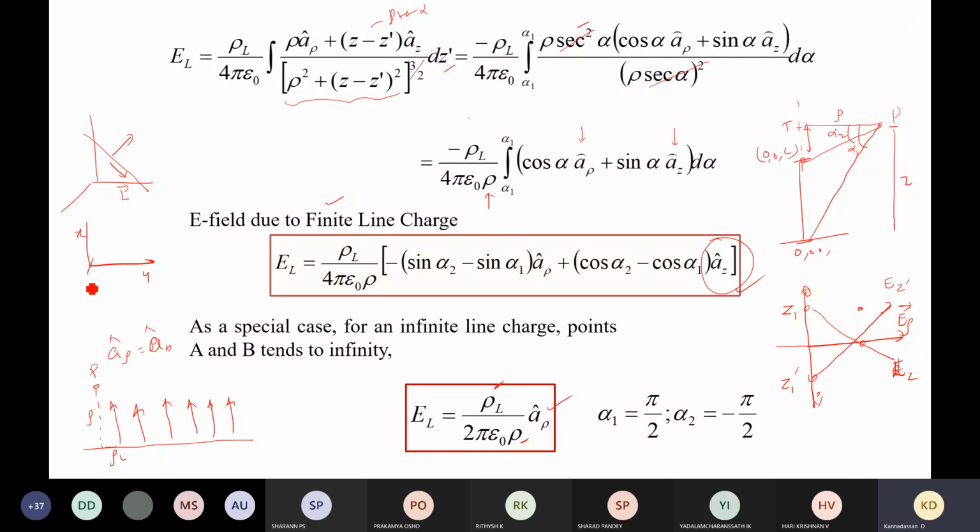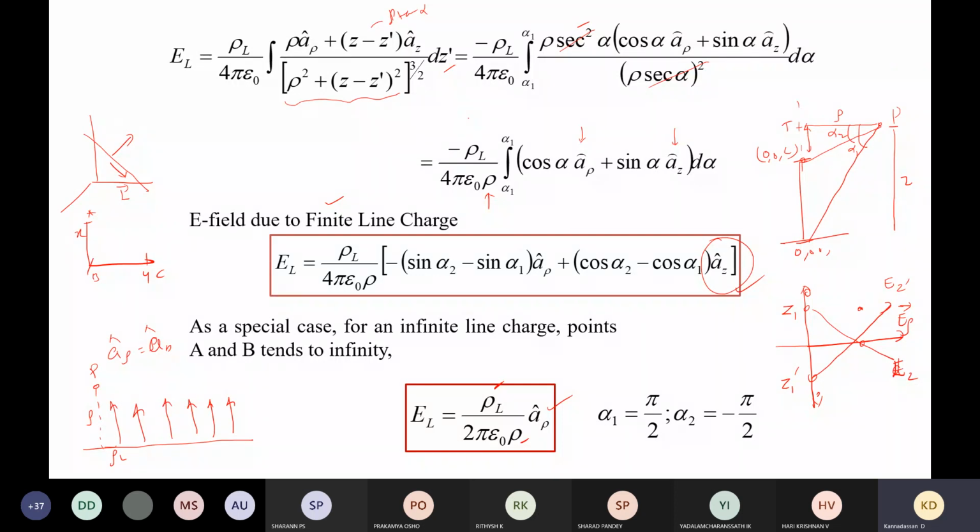You take, let's say, A, B, and C, three points. First calculate for A and B, then calculate for C and D. Then you calculate vectorially, working out the proper vector formula. When you add the total, you will get it. That is the common method.